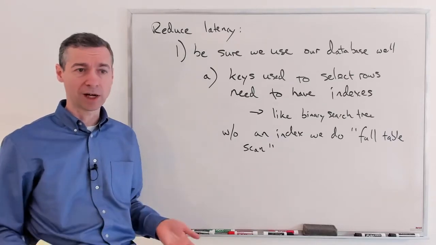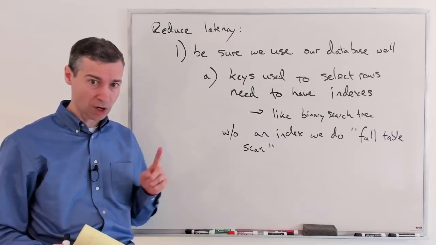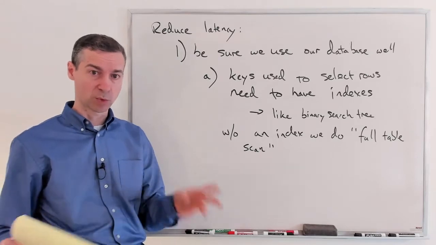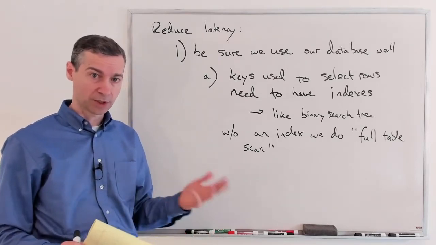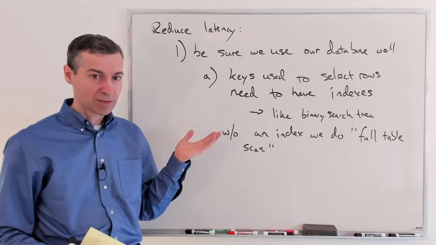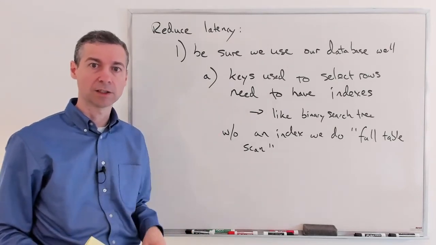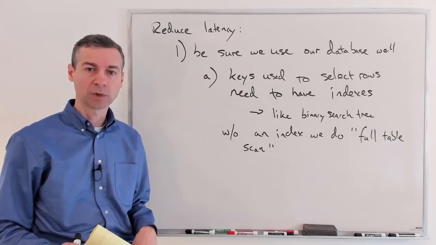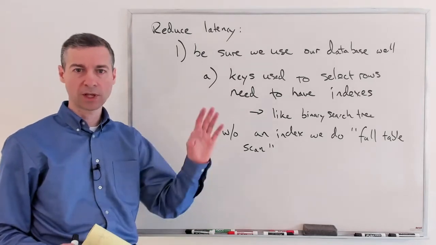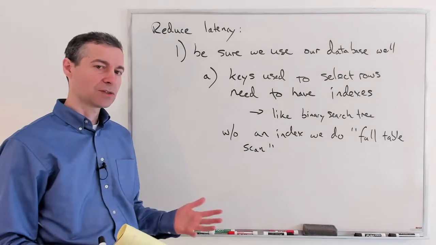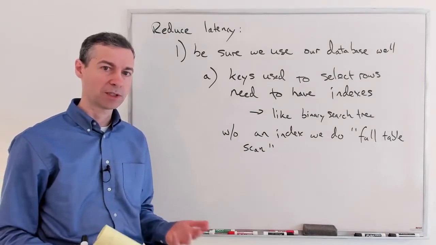But there will be other columns where we know that we're going to frequently be using them in where clauses for our queries. And again, if there's not an index on that column, we're going to have to scan the entire database.